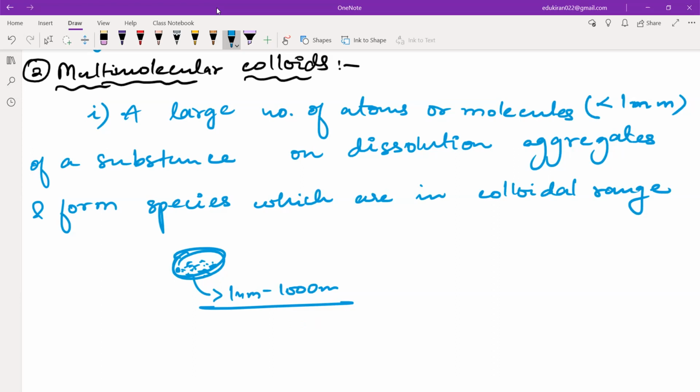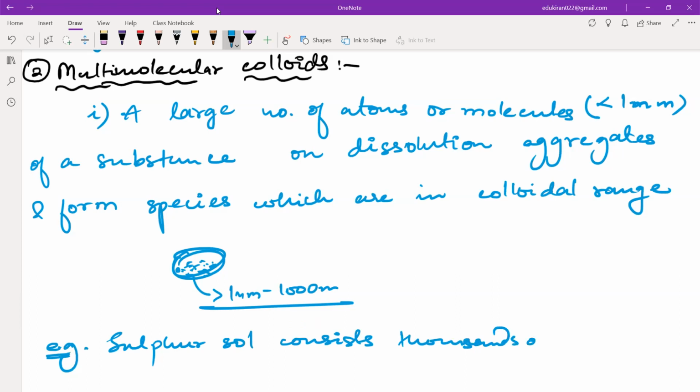Now, an example will be sulfur sol. It consists of thousands of S8 molecules.